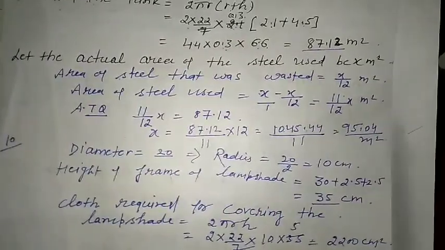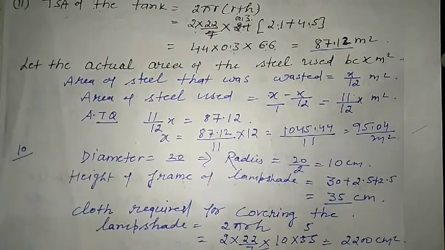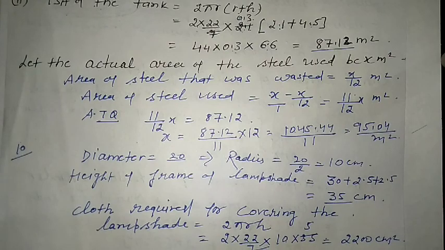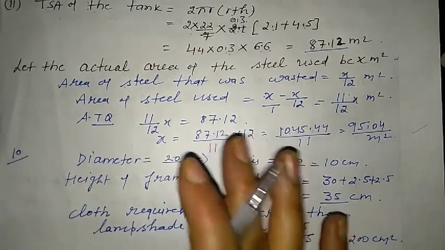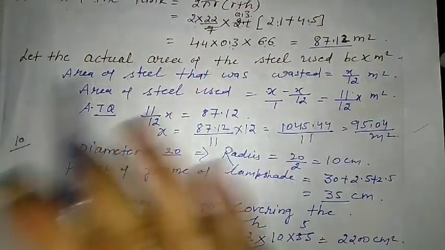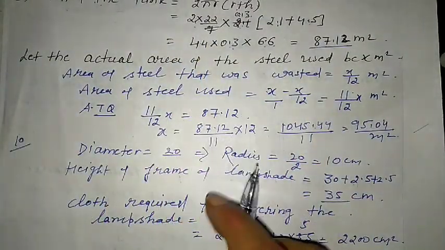So this exercise is completed. So now you just do all these questions in your fair notebook, and the next time we will discuss the volume of the cylinder. Till then, just learn the formula and do the exercise along with the examples. Thank you so much.